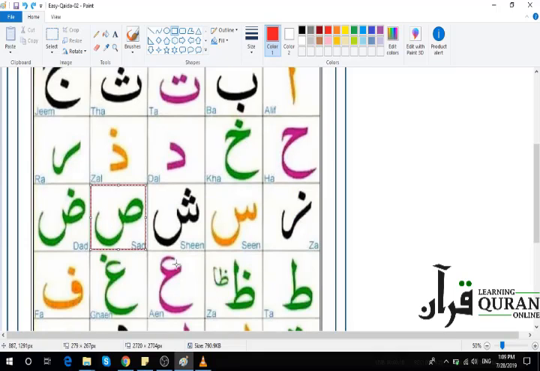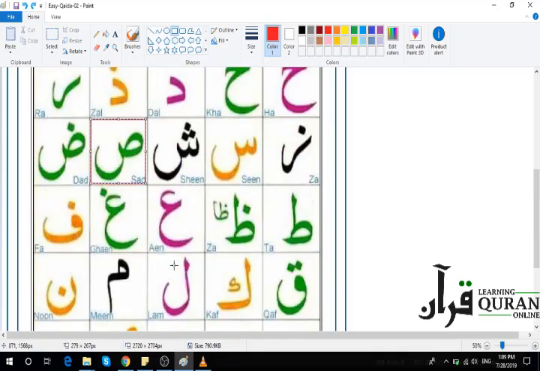The next letter we have is sod. Sod. Okay, now going to the next. Here we have two letters which look a little bit the same, because there is one difference between both letters, and that is a dot. So the next letter we have is dod.